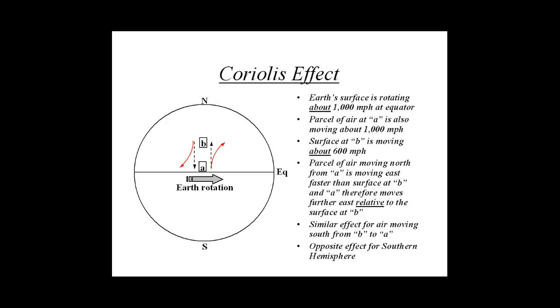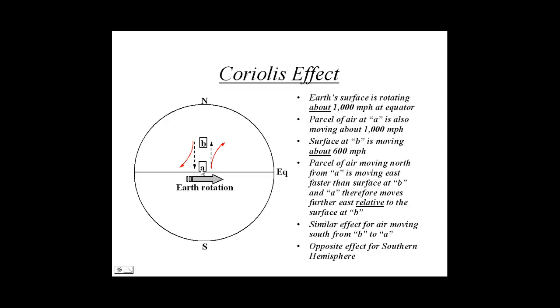Okay, but that's a parcel of air. Now, if that parcel of air A decides to move north for some reason towards the pole, it's actually going to be traveling to the east faster than the Earth below it.